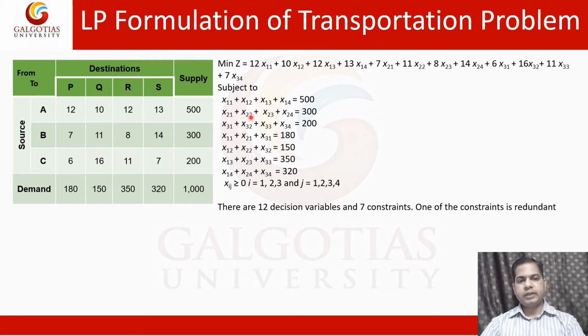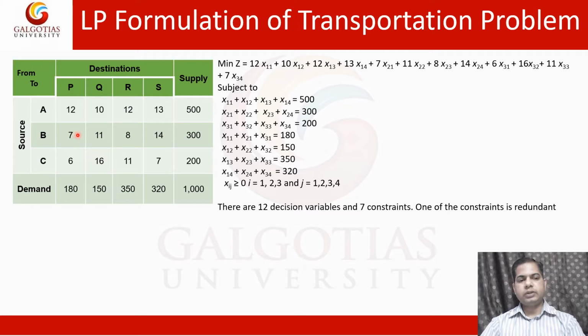Now I have to make the constraints. The number of units you are transporting from A can be neither greater than 500 nor less than 500. It should be equal to 500 because we have to complete this supply. So x11 plus x12 plus x13 plus x14 equal to 500.